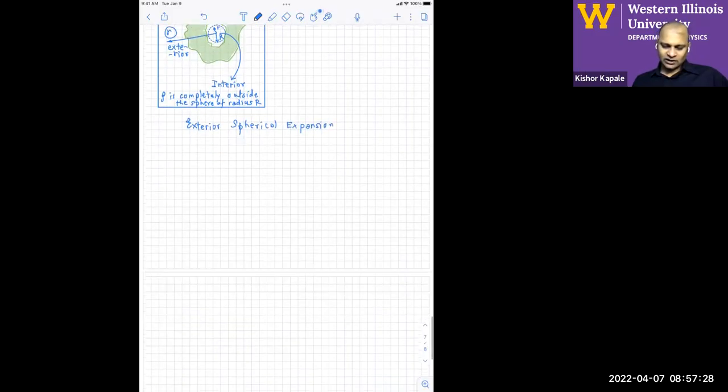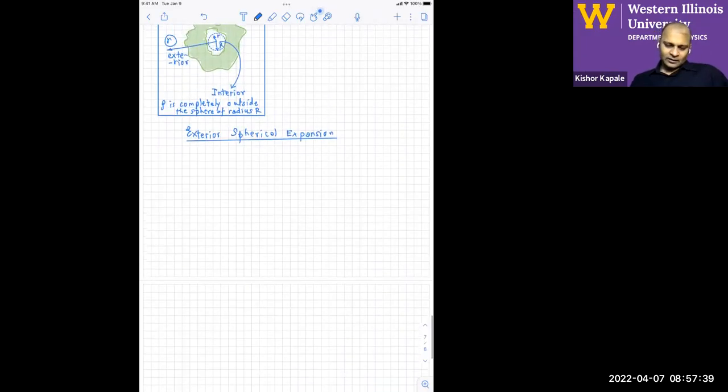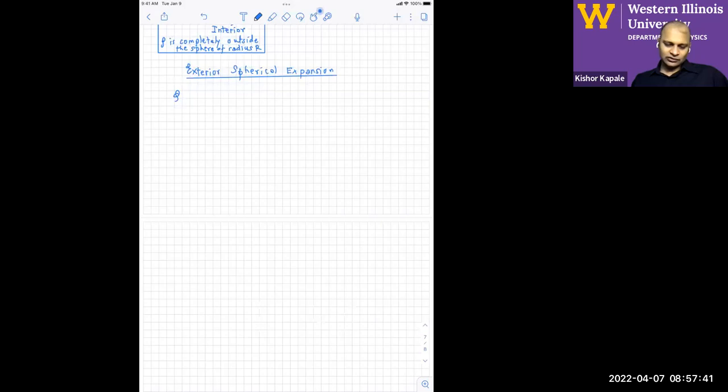And we will do similarly the interior spherical expansion. And this we are able to do without really having to do any sort of Laplace's equation solution, right? So these methods are not the boundary value methods yet. These are simple methods that we're using.